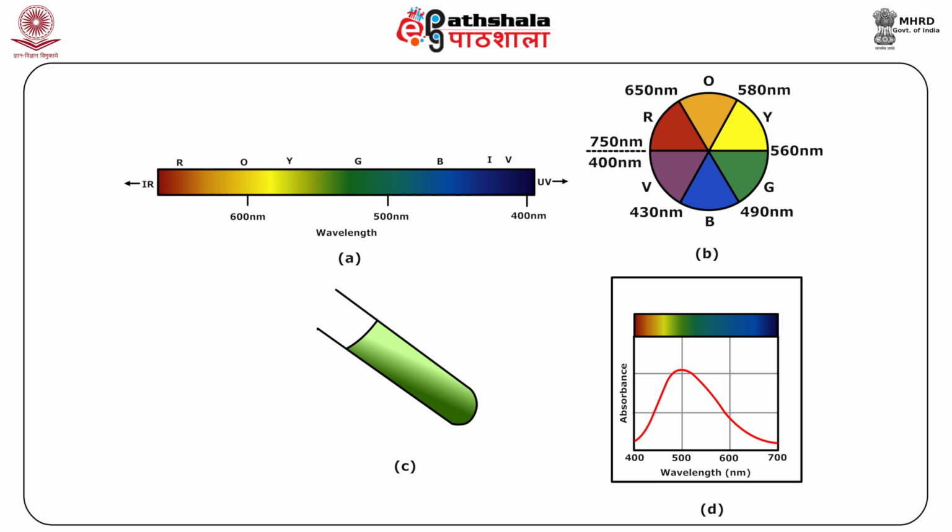Numerous dyes are bulky organic molecules with comprehensive pi bonding, which provide closely spaced occupied pi and unoccupied pi star orbitals.